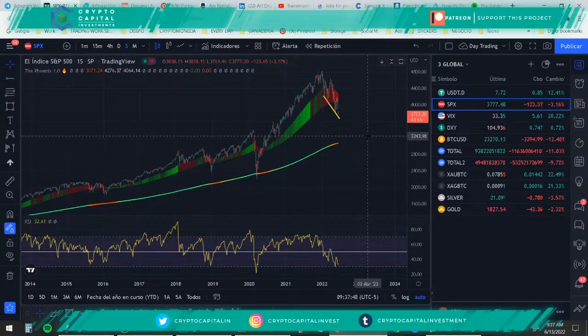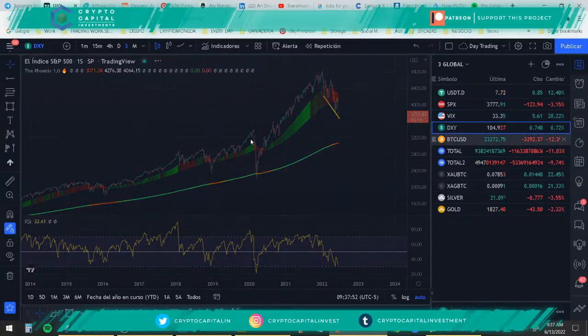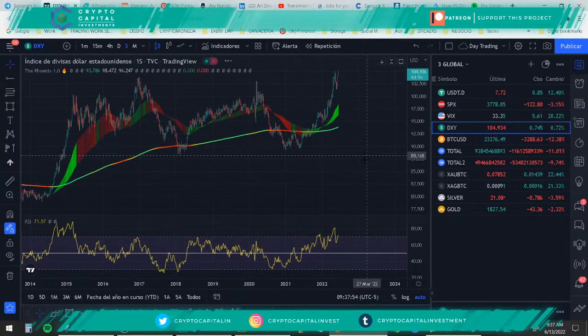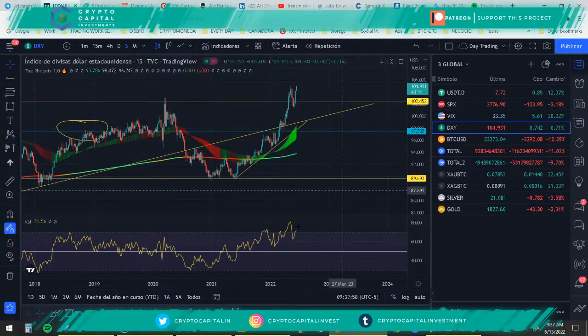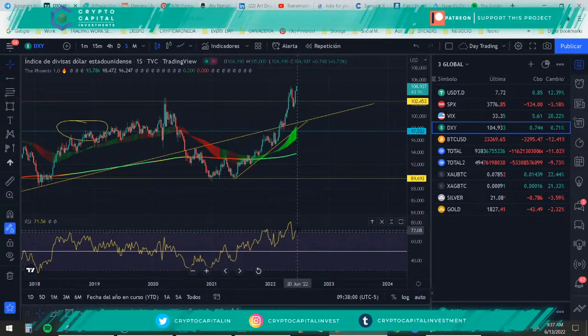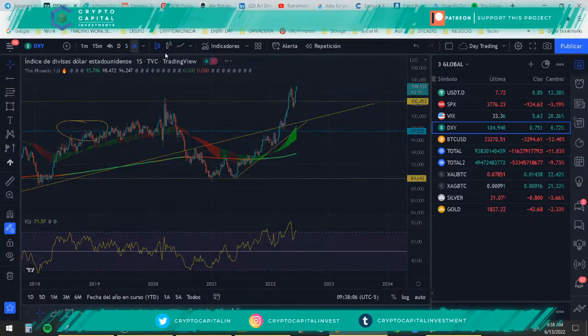All right. So looking at different charts, we have then the DXY. The DXY is actually exploding right now, but you can see that the RSI is not following. And so I do believe that we are going to have a really big fake out of this huge pattern that I have here.